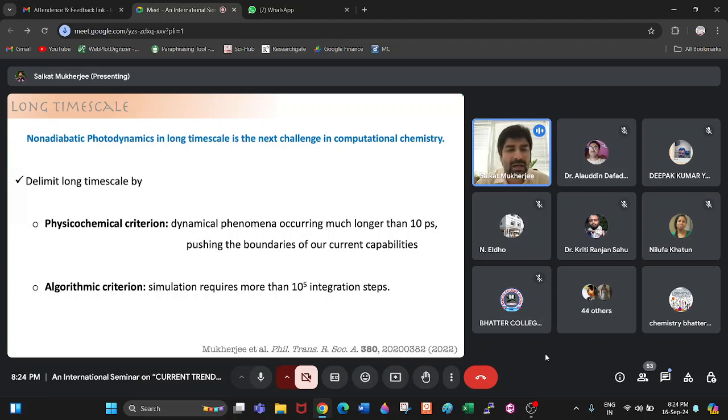And in technical terms, if my simulation requires more than 10 to the power 5 integration steps, then I will call it my long time scale. Integration step means what we are actually doing: we are solving either the time-dependent Schrodinger equation or the classical Newtonian equation. Both are differential equations, which means we have to solve them via integration. So these are the integration steps.